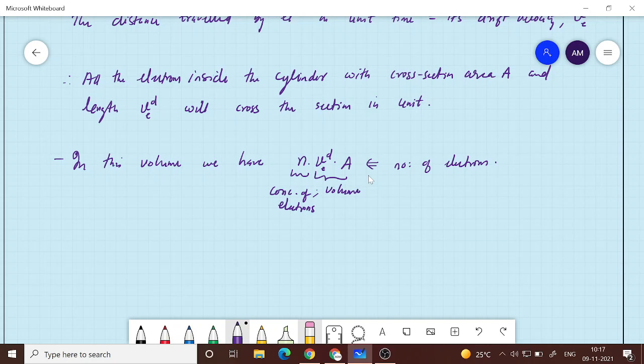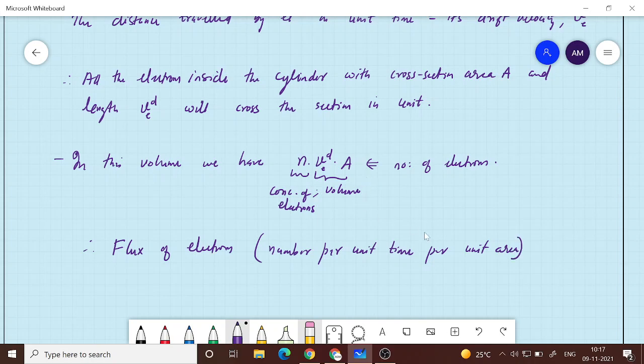Now what we want is, first of all, to calculate what is called flux. Therefore flux of electrons. Flux means number per unit time per unit area. This is what we call flux.